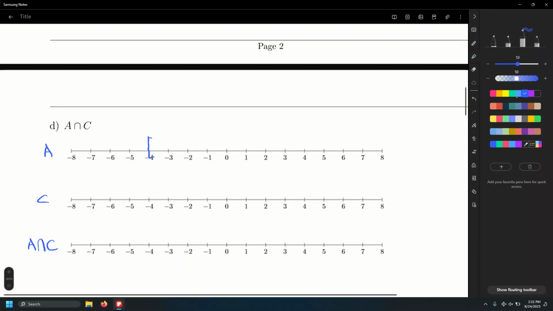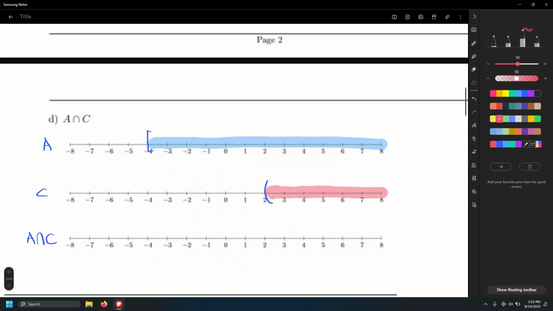I'm going to use the same colors again. And set C in this case will be from 2 all the way to positive infinity. Let's draw the two together again.